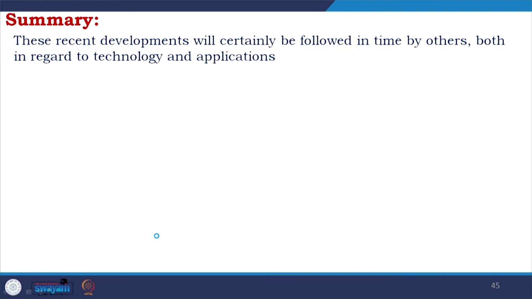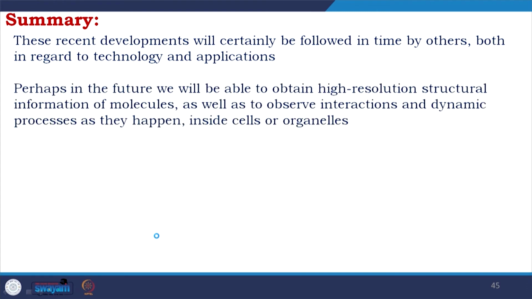These recent developments will certainly be followed in time by others, both in regard to technology and applications. Perhaps in the future we will be able to obtain high resolution structural information of molecules, as well as to observe interaction and dynamic process as they happen inside the cell or organelles. Probably we could get the functional mechanism of the entire cell, which would be amazing.